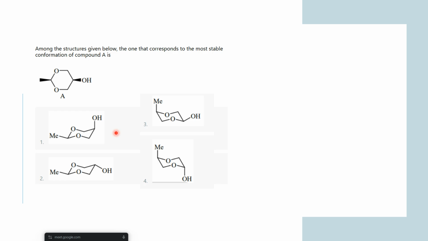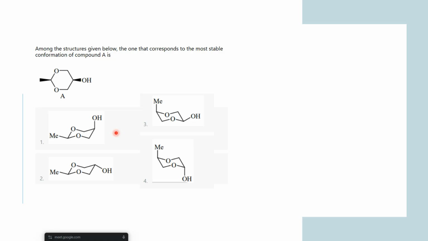Rather, there will be various stabilizing factors in different conformations, due to which we will get some other conformation to be the most stable one. Okay, so in such cases, stabilizing effects like anomeric effects, hydrogen bonding, etc. come into the picture.